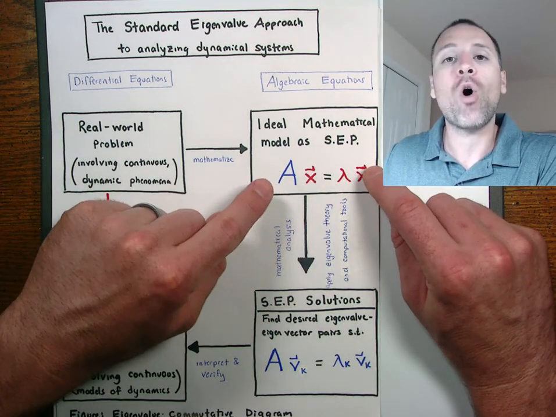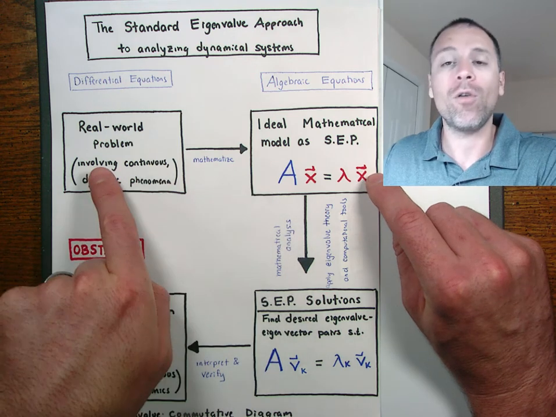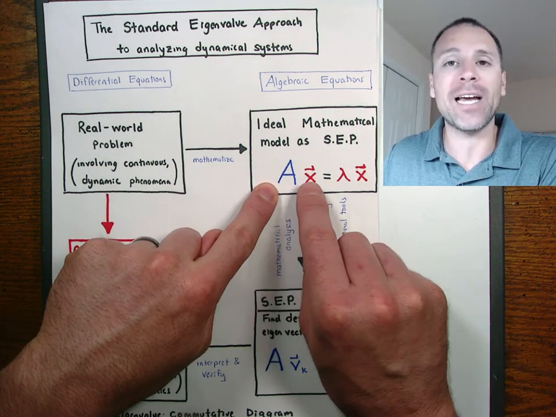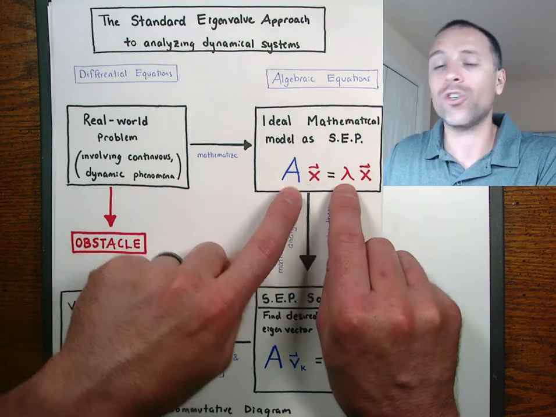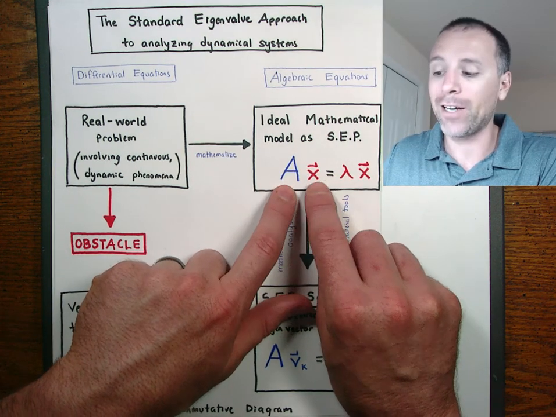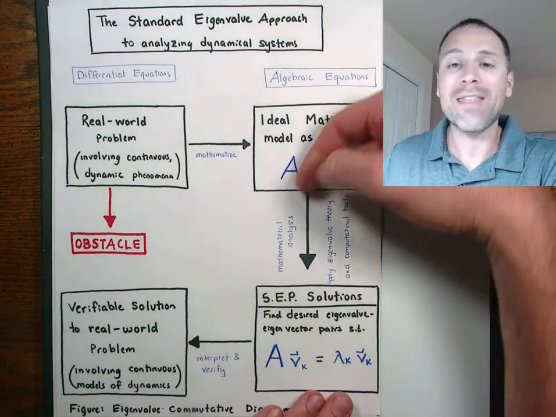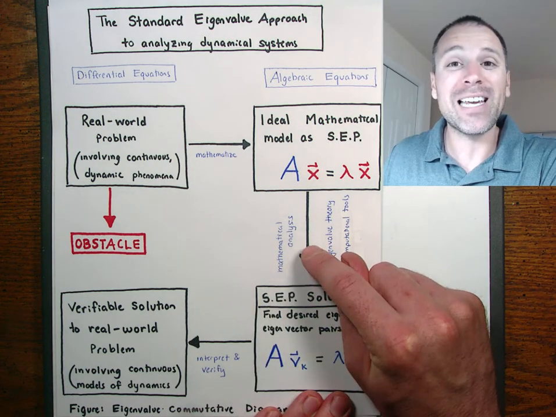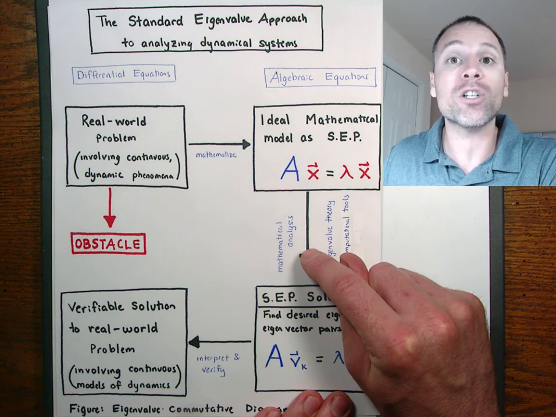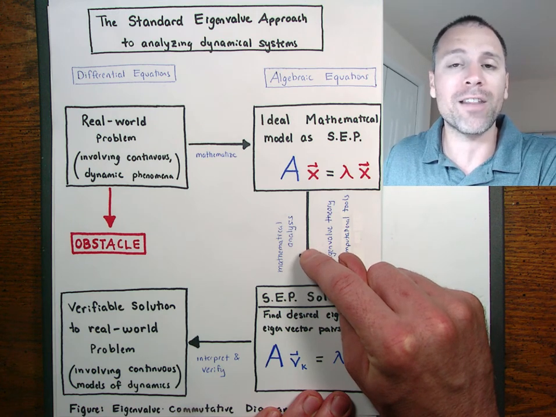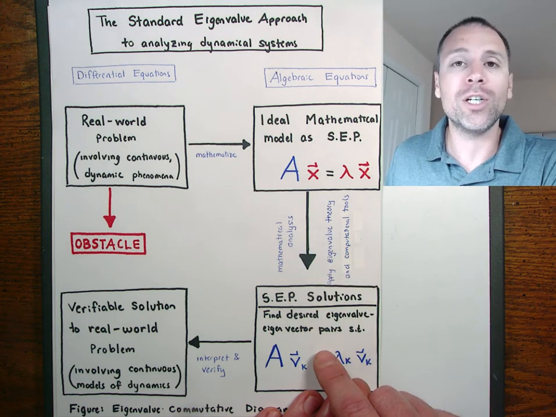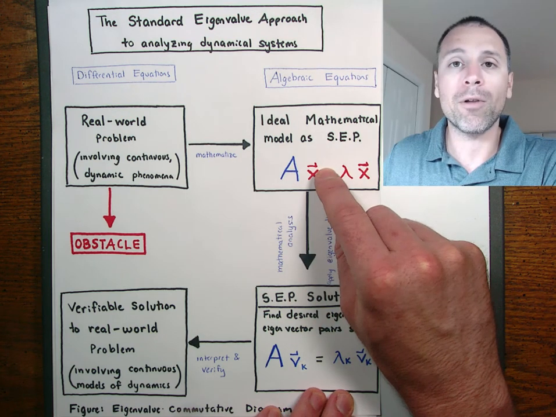Once we have our ideal mathematical model for the continuous problem that we started with, in this case in the form A times x equals lambda times x, and we're searching for scalars lambda and vectors x that satisfy that, we then do mathematical analysis, which is basically applying the theory that we're supposed to learn in math class, the stuff that math class is really focused on, to generate a meaningful solution to our ideal problem.